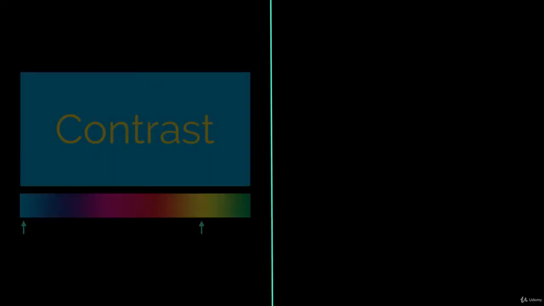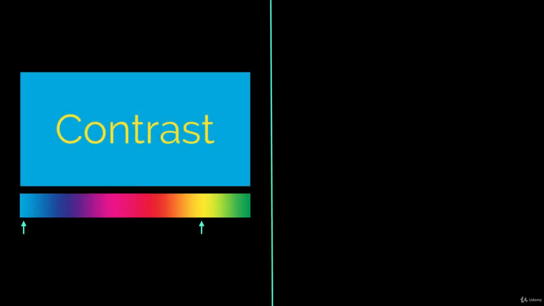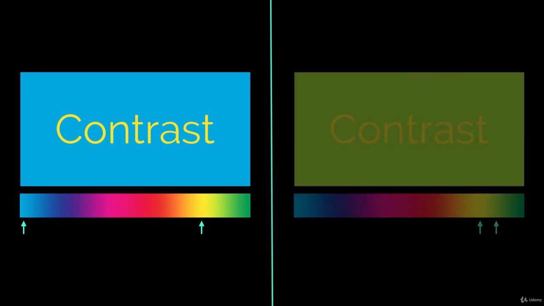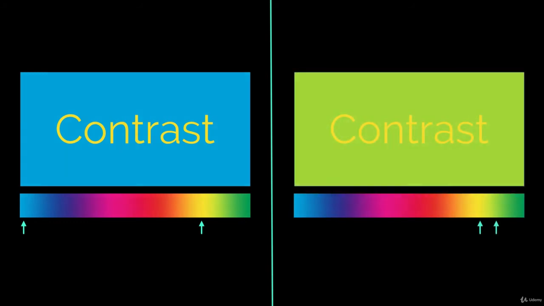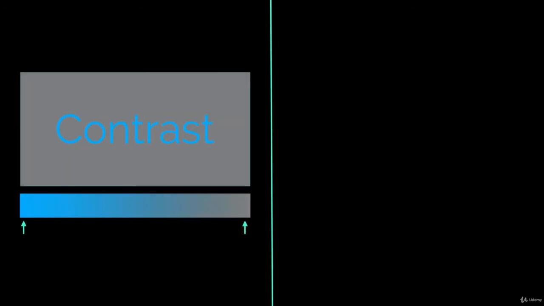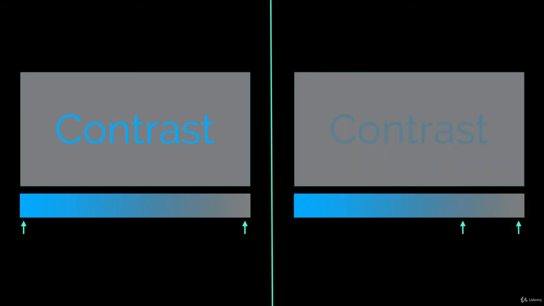Take for example these two colors, who have a higher contrast in their hues than these two colors. Or look at the contrast in the saturation values of these two colors versus these two colors.